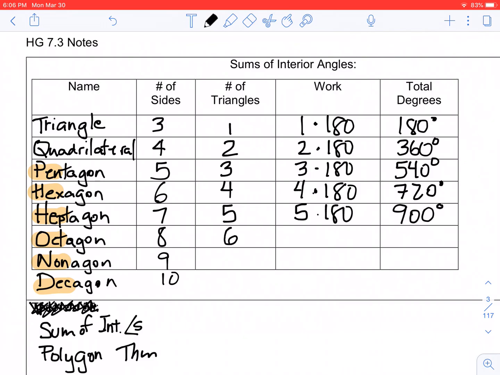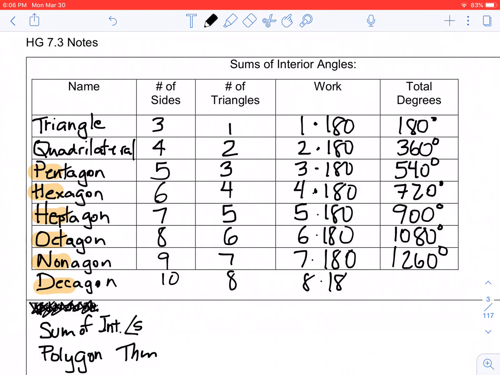Octagon, again, 6, so 6 times 180 is 1080. So on and so forth. You can clearly see the pattern here that we're just adding on another 180, or multiplying by the number of triangles that are in the figure.